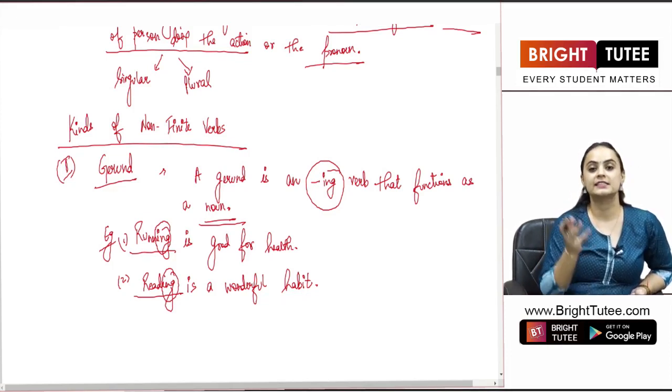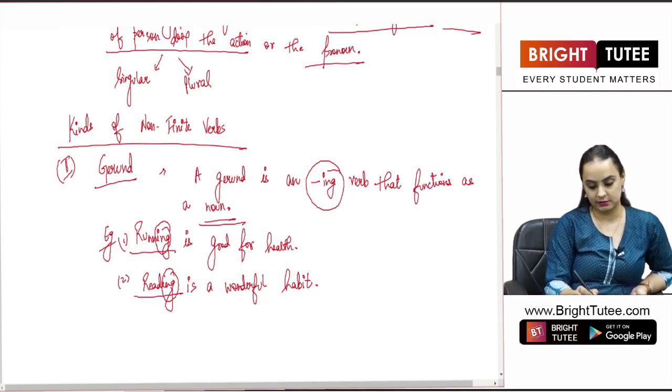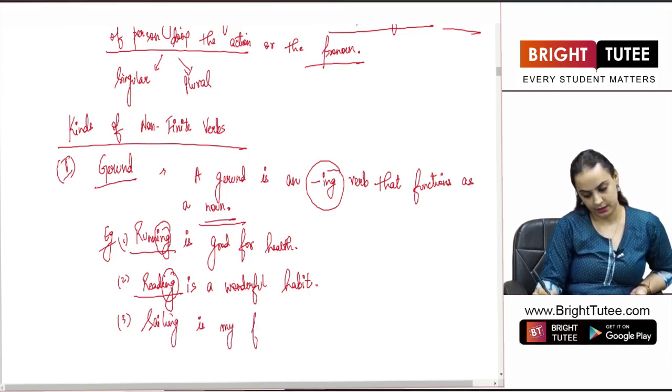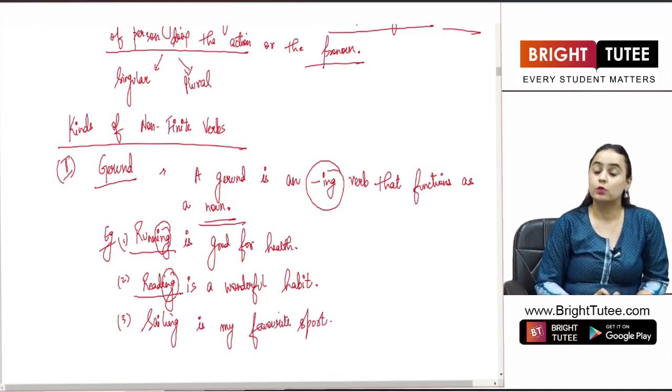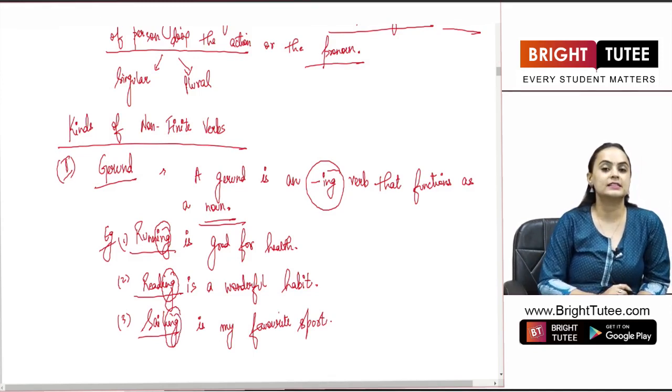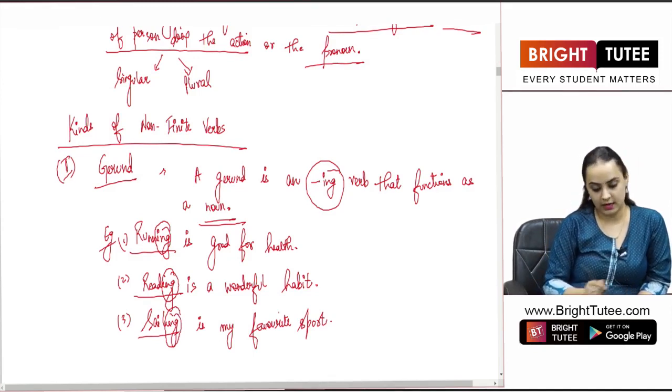It acts as the subject of that sentence. If I give you another example, sailing is my favorite sport. So what is my favorite sport? Sailing. It is a verb that is ending with an ing. And it also acts as a noun again.